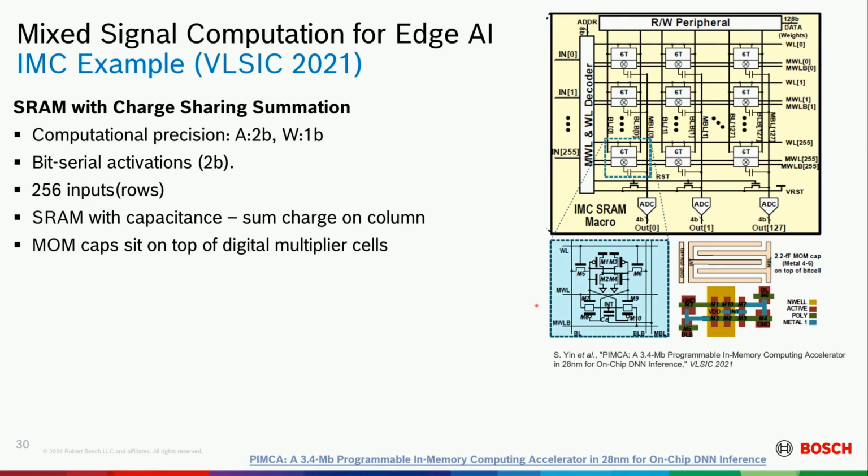It's SRAM with capacitance, so it's doing summation in charge on each column. And in order to increase density, it's putting the MOM caps on top of the SRAM cells. He's using a flash ADC at each output of the column, and he's using 4 bits, not 8.